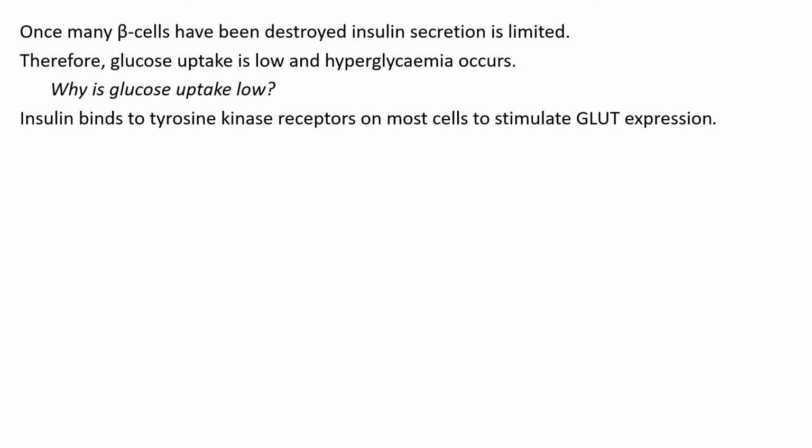That's the signaling mechanism that in most cells will upregulate GLUT expression. GLUT, of course, being the glucose transporters. Some cells that we'll talk about later aren't dependent on insulin to do this, but most cells are.